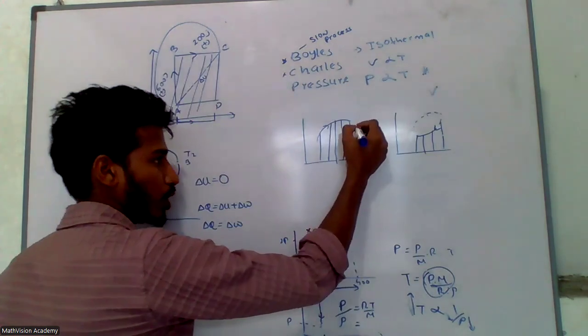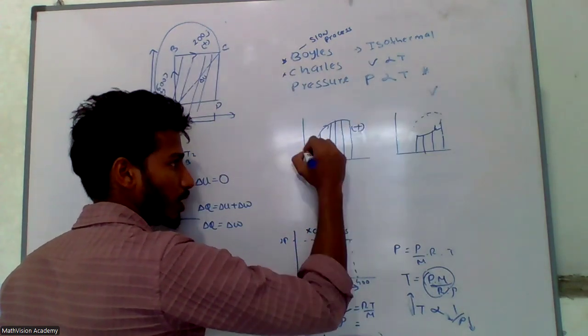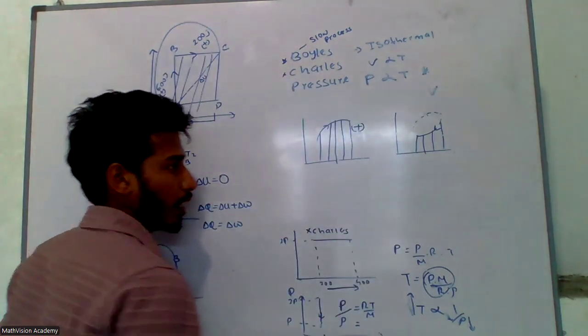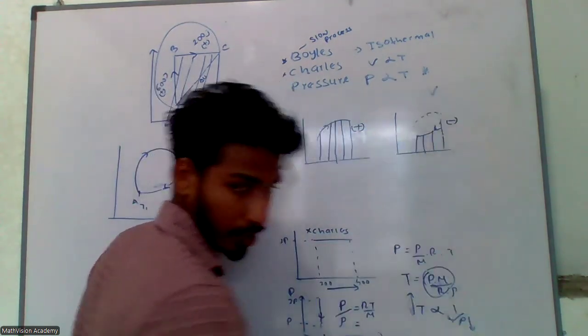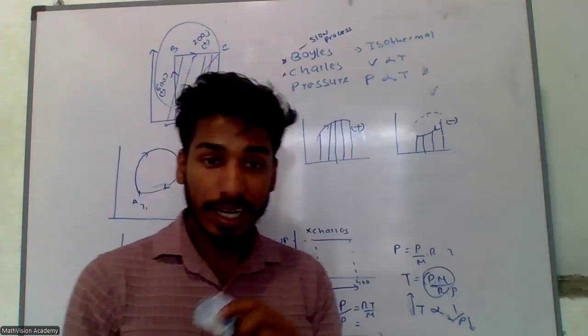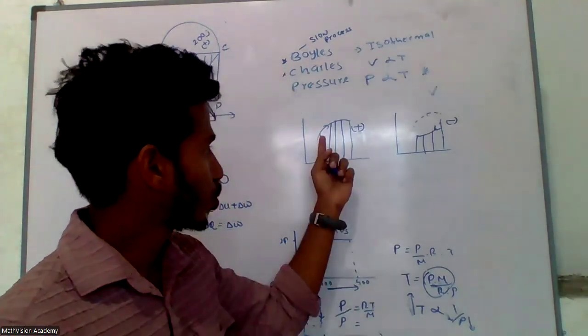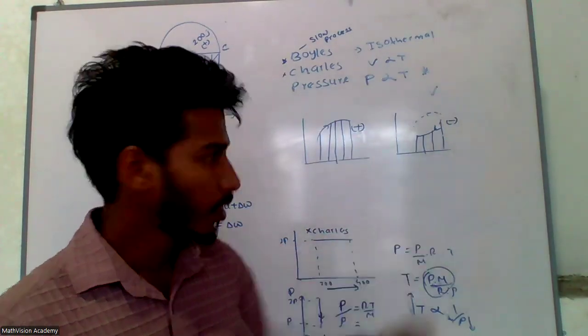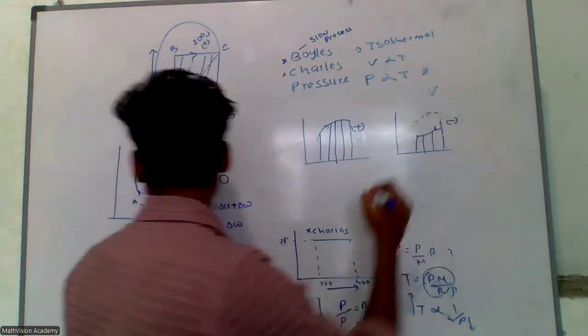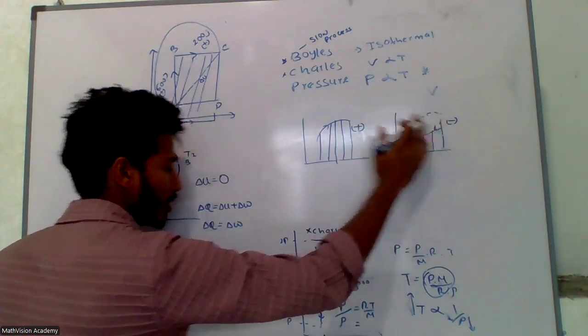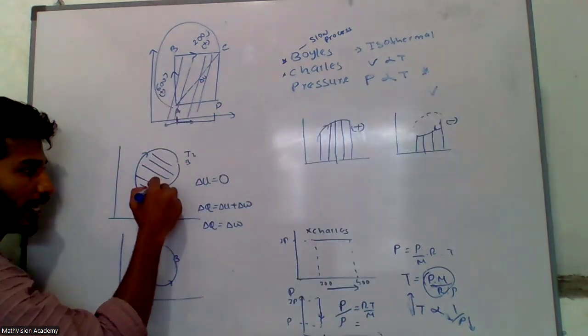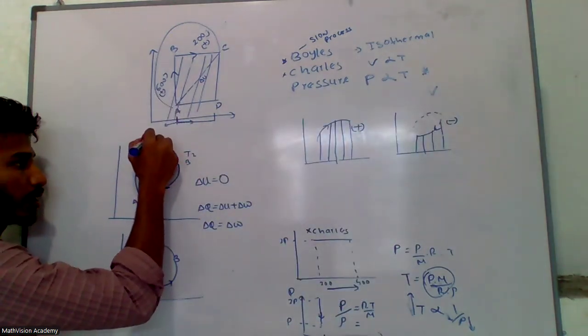In here there is a positive work done because it's expanding, and here there is a negative work done because this is compressing. So the resulting work done has to be the difference of them. So it has to be this section.